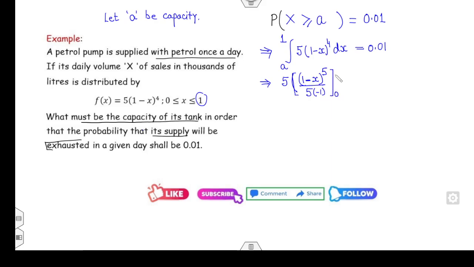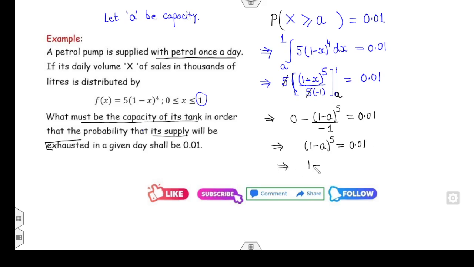The limits are a to 1, which is equal to 0.01. Now you can substitute. 5 will be cancelled. If you substitute the upper limit 1, it will be 0, and if you substitute the lower limit a, divided by minus 1, it is equal to 0.01. So that will be (1 minus a) raised to power 5 equals 0.01.